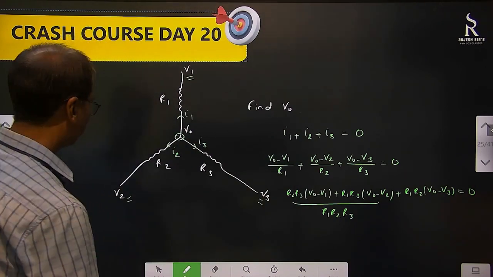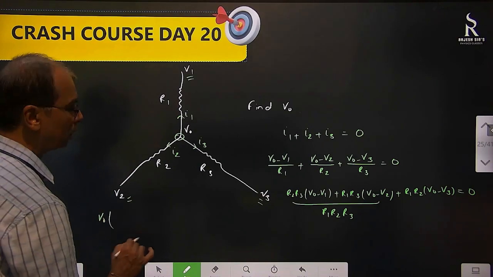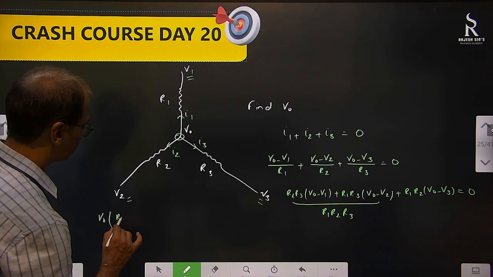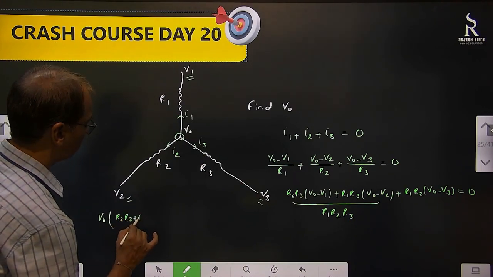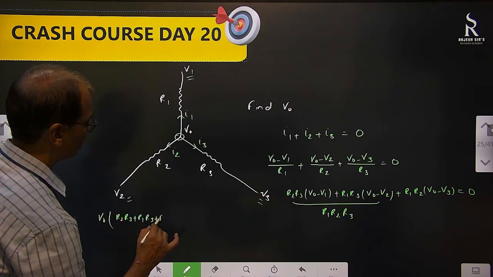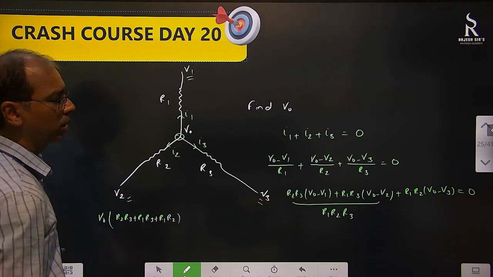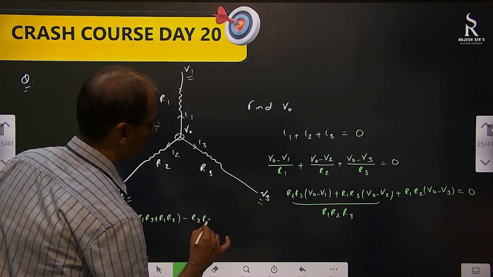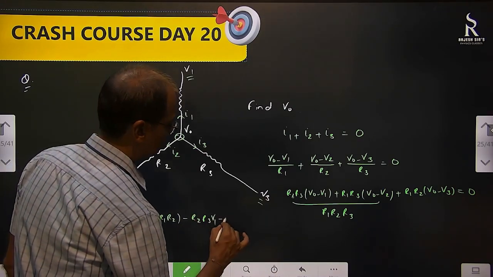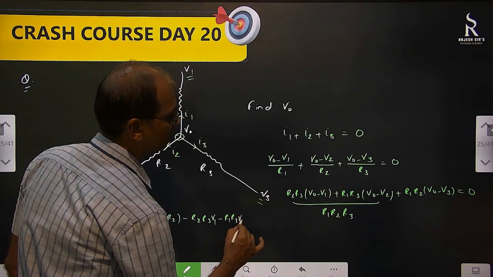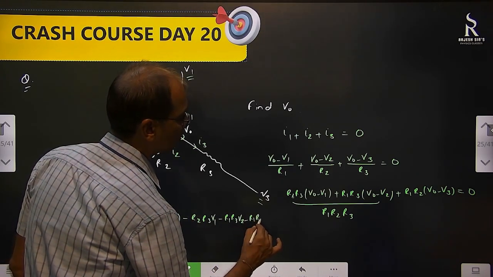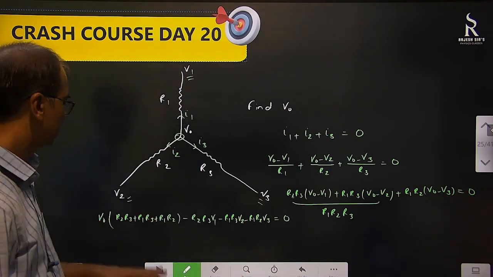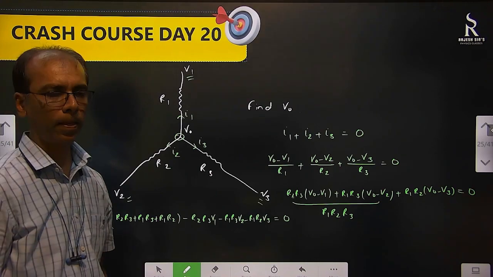V naught I can take directly common, and what comes is R2 R3 plus R1 R3 plus R1 R2, minus R2 R3 V1, minus R1 R3 V2, minus R1 R2 V3, equal to 0. That's it. All this we take to that side and divide by this, and that will be the V naught value. Done.